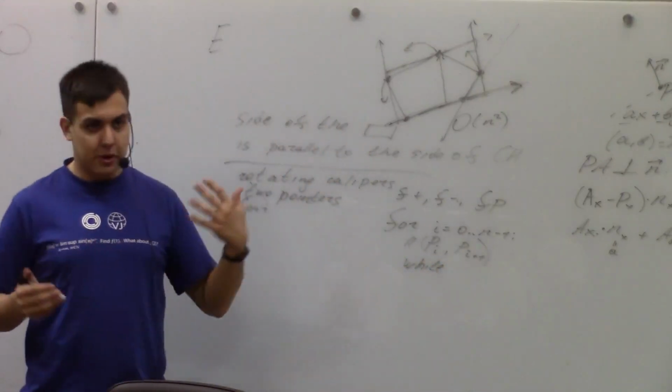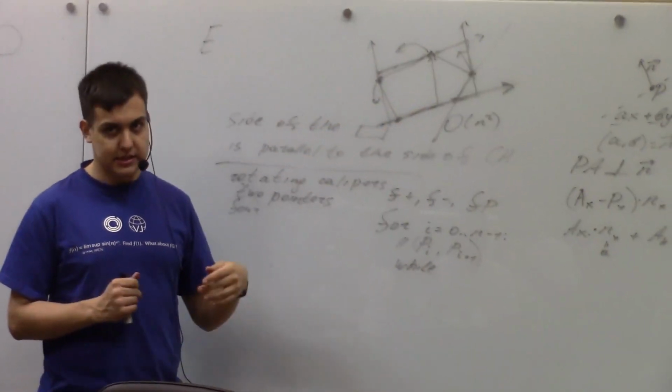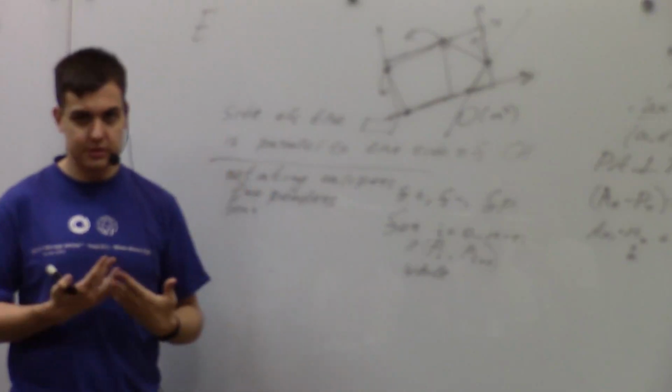And the farthest point in some direction can be characterized as the scalar product with this vector is the largest.